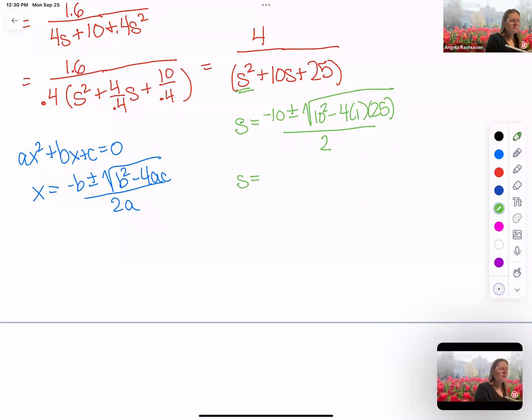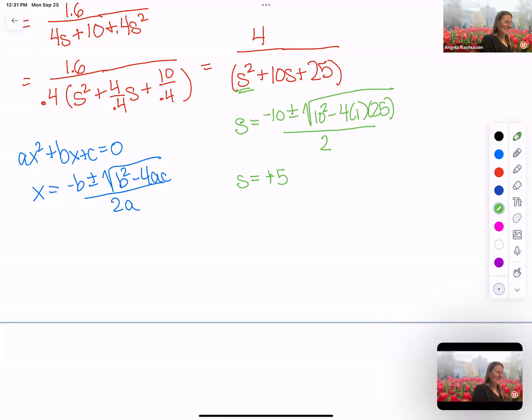Is that 0? Right, 100 minus 100. So is that just negative 5? No. Is it just plus 5? Why is that not working out right? Minus b plus or minus. Should be plus 5.